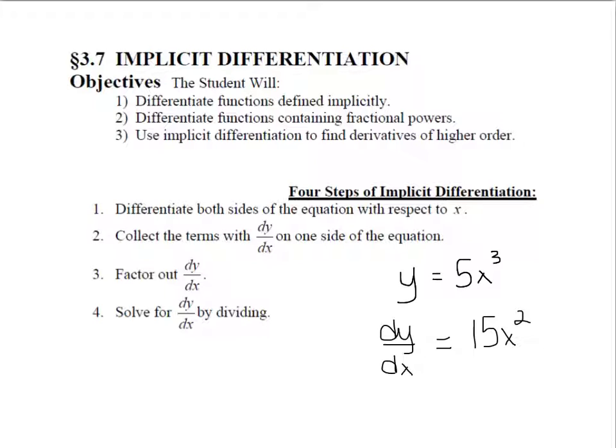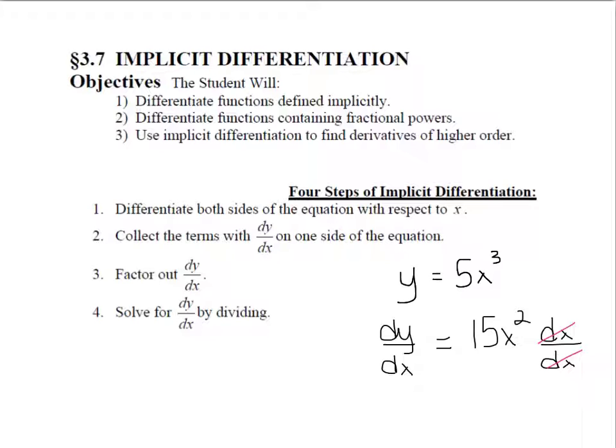This is the derivative with respect to x, so we could think of that as the derivative of x with respect to x, dx dx. Hopefully you all realize that would cancel, and that's why we don't ever write anything like dx over dx. So every time we took the derivative of y, we wrote dy dx, or y prime, which means the same thing.